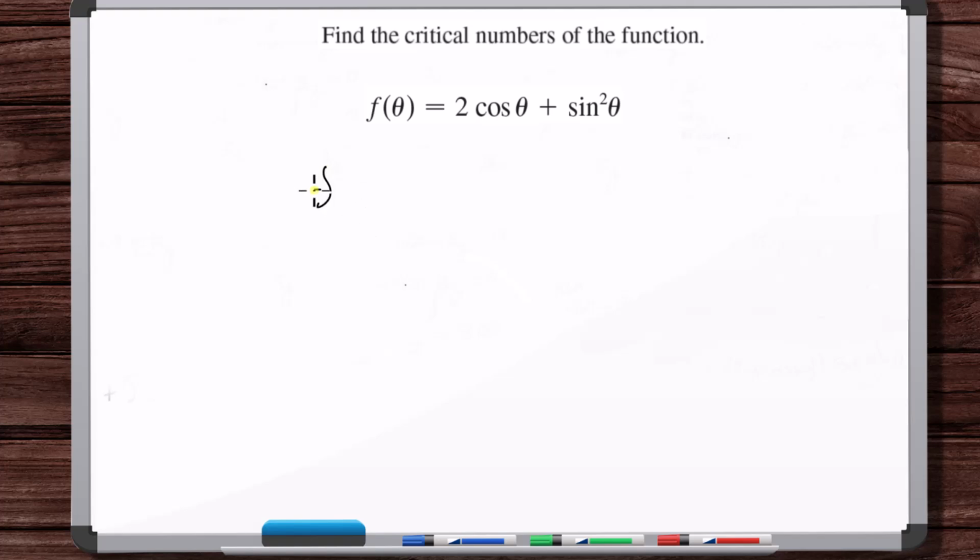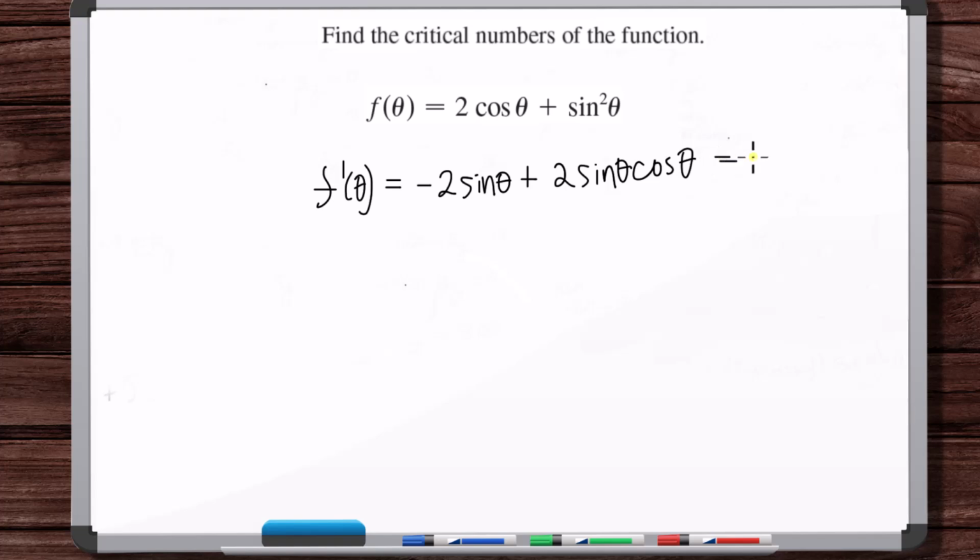Okay, so f prime theta is minus 2 sine theta plus 2 sine theta cosine theta. All right. Is there any theta where this doesn't exist? No, because sine and cosine, the domain is all real numbers.